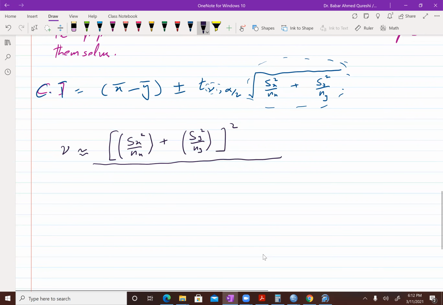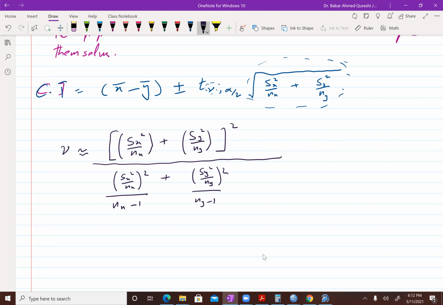One can derive it not too difficultly, but I'm not going to do it. You just compute this number. Most likely you wouldn't get an integer. You just round it off to the nearest integer, and that would be the integer you have to put in your t distribution.